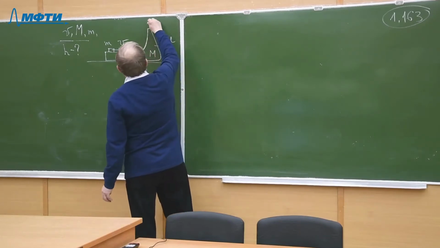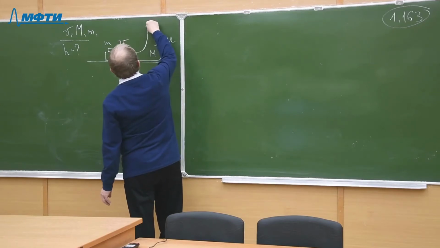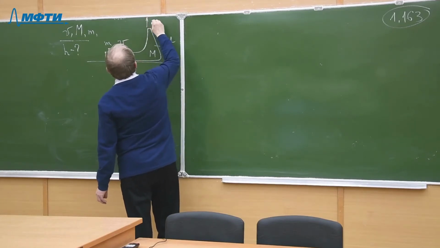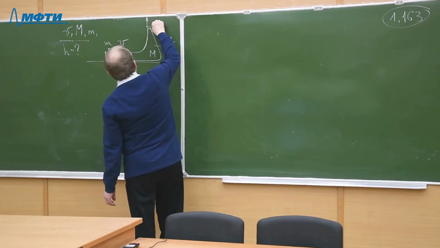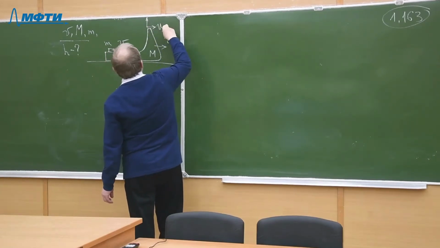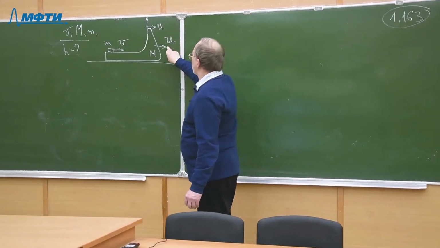So when the small body goes up, it will not go exactly upward. It will have some vertical component of its velocity, but actually it will have also a horizontal component of the velocity coinciding with the velocity of the large body.